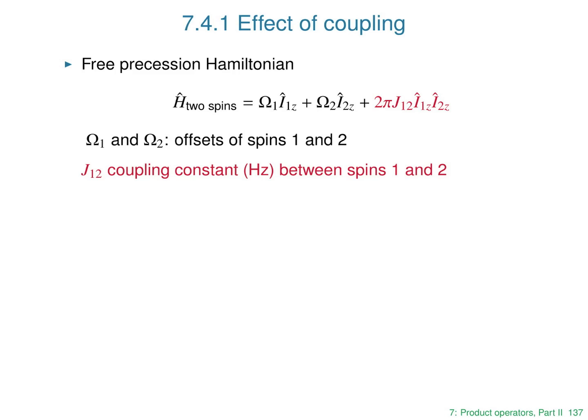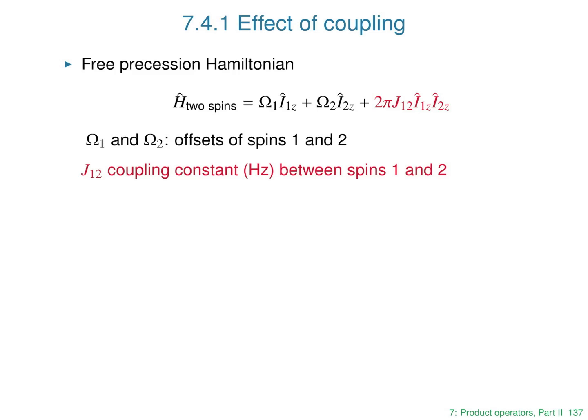And then we have a new term, 2 pi J I1z I2z, and that's the term that represents the coupling. We saw this in the first lecture when we were talking about energy levels. If you're wondering about the 2 pi, the tradition is that J is always given in hertz, but in my expression there, omega is in radians per second. So I have to multiply the J by 2 pi in order to get all the units consistent.